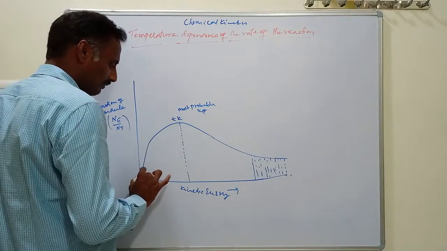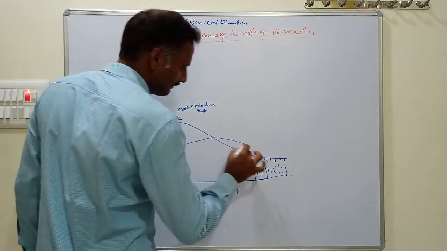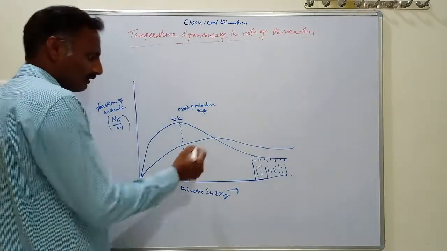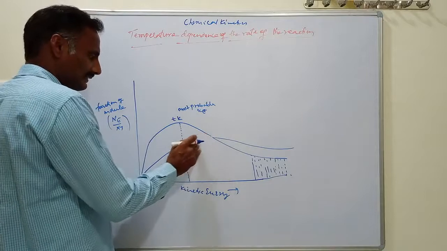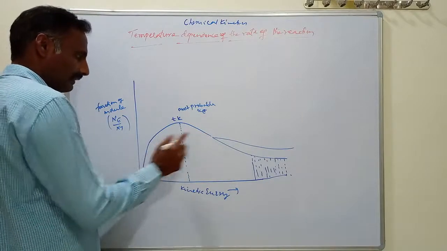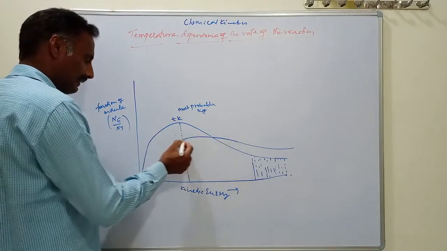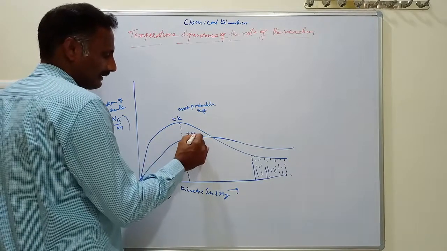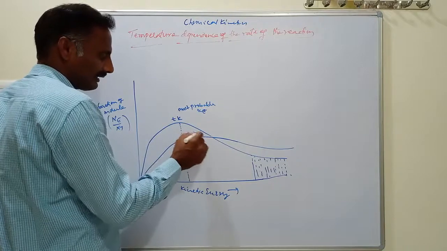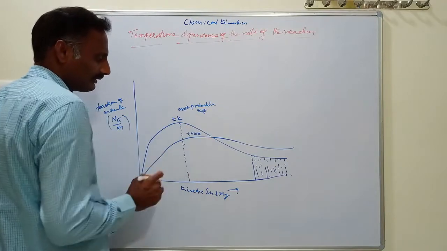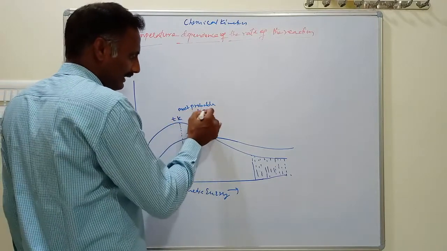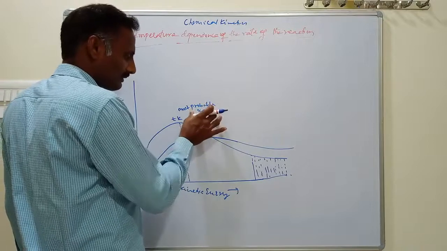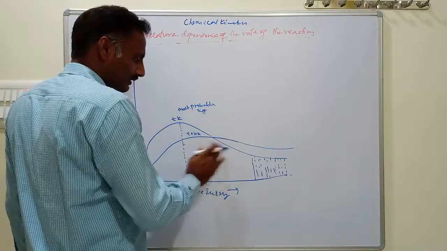The curve broadens and shifts like this. When the curve broadens, that indicates this is T plus 10 Kelvin, a higher temperature. Then the most probable kinetic energy possessed by the reactant molecules shifts towards the right side.